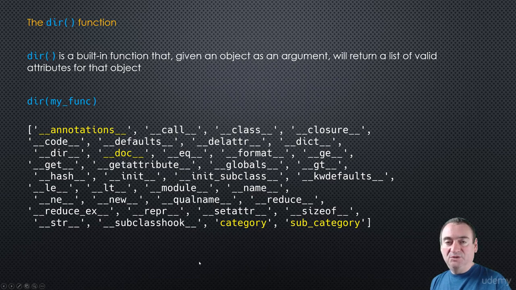For example, dunder annotations is there, dunder doc is there as well, and you'll notice that the two that we created, category and subcategory, are in that list as well. But there are some others as well, like dunder kwdefaults, dunder name, and dunder defaults. We'll take a look at those in more detail.